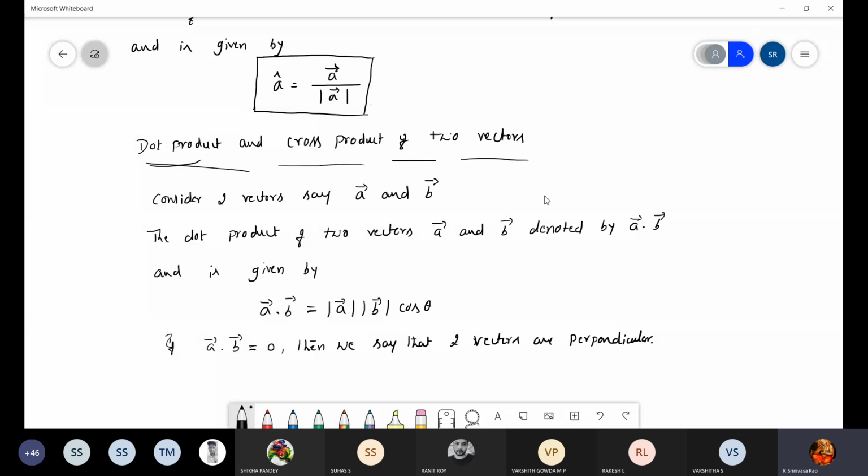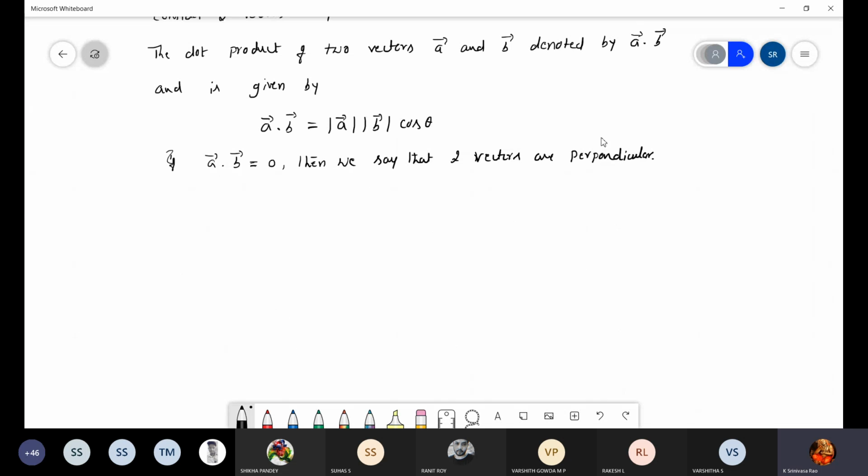Next line. The cross product of two vectors A and B, with arrow marks, denoted by A cross B. Both are actually products only.